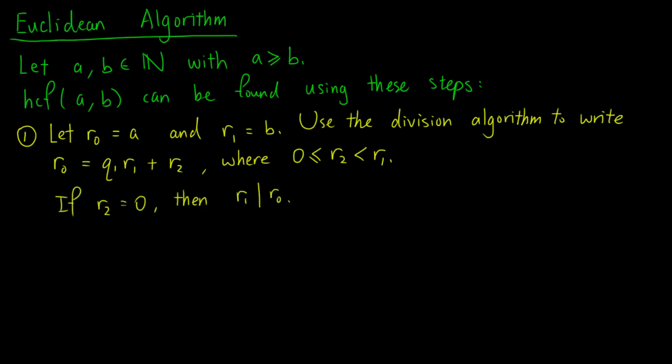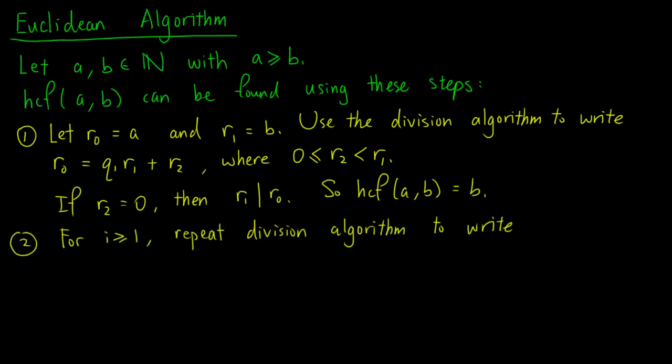If R2 equals 0, then R1 divides R0, so the HCF of a and b is just b. Otherwise, we move on to step 2, where we repeat the division algorithm for i greater than or equal to 1 to write Ri equals Q(i+1) times R(i+1) plus R(i+2) until R(i+2) equals 0.